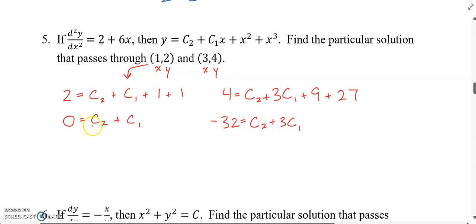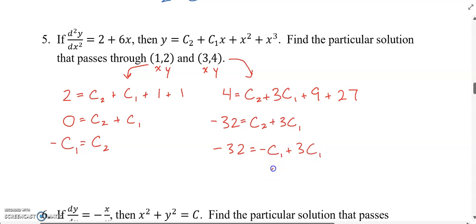We know that c1 plus c2 is 0. Therefore, we know that negative c1 is equal to c2. This came from here. So because negative c1 is equal to c2, we can replace c2 with a negative c1, just a little bit of substitution there.